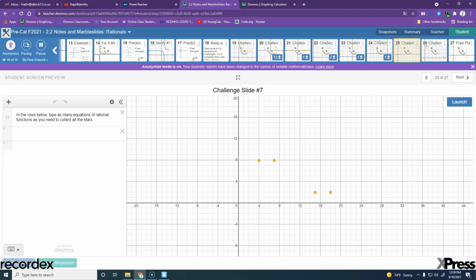So let's say that you can't figure out number 7. That's fine. You get a point apiece for the ones that you do complete. Okay? Any questions? The very last one is going to ask you to create your own, where you put your stars wherever you want.